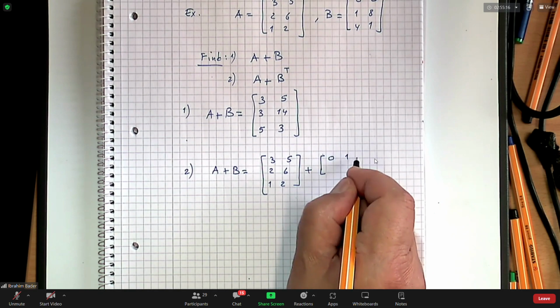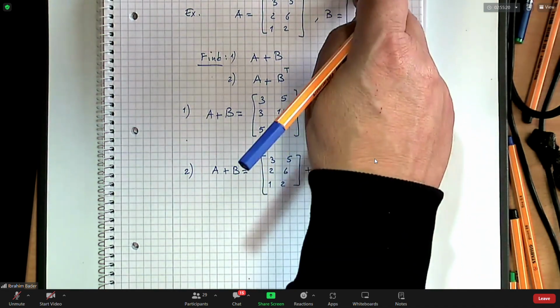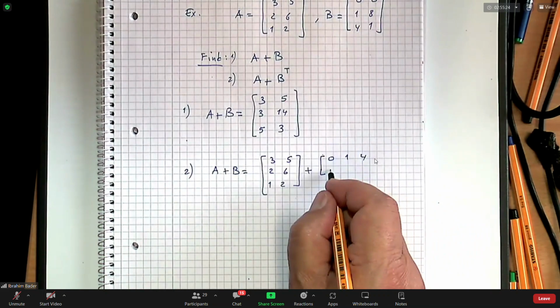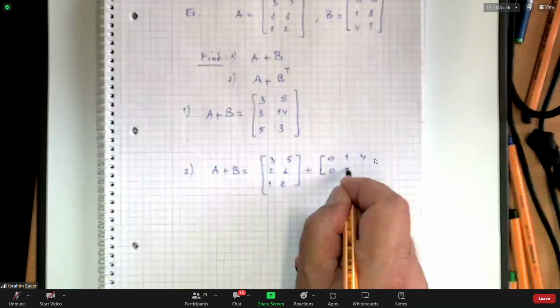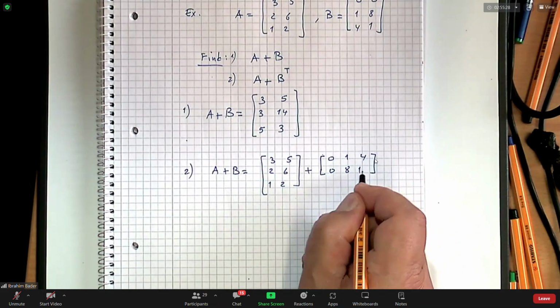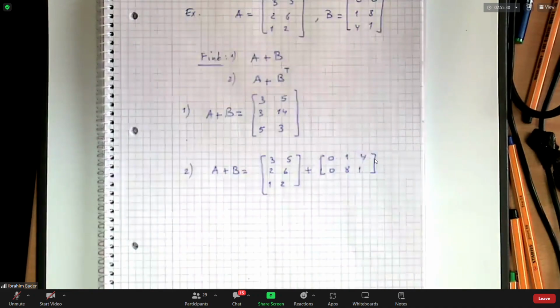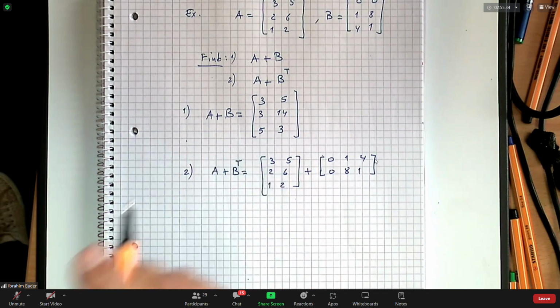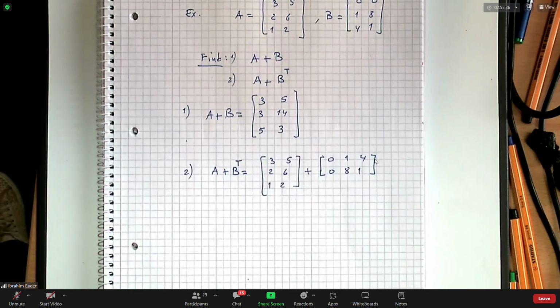By definition, you make this column the first row, this second, okay? 0, 1, 4 and 0, 8, 1. Okay, this is the transpose, of course. Now, how to evaluate the sum of these two? Is that possible at all?